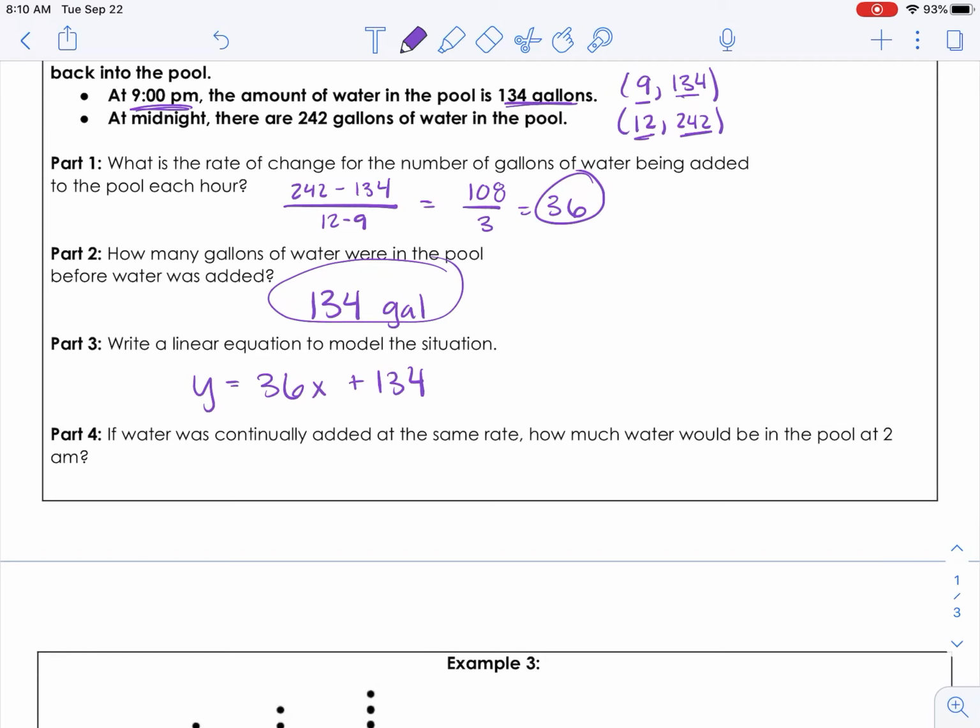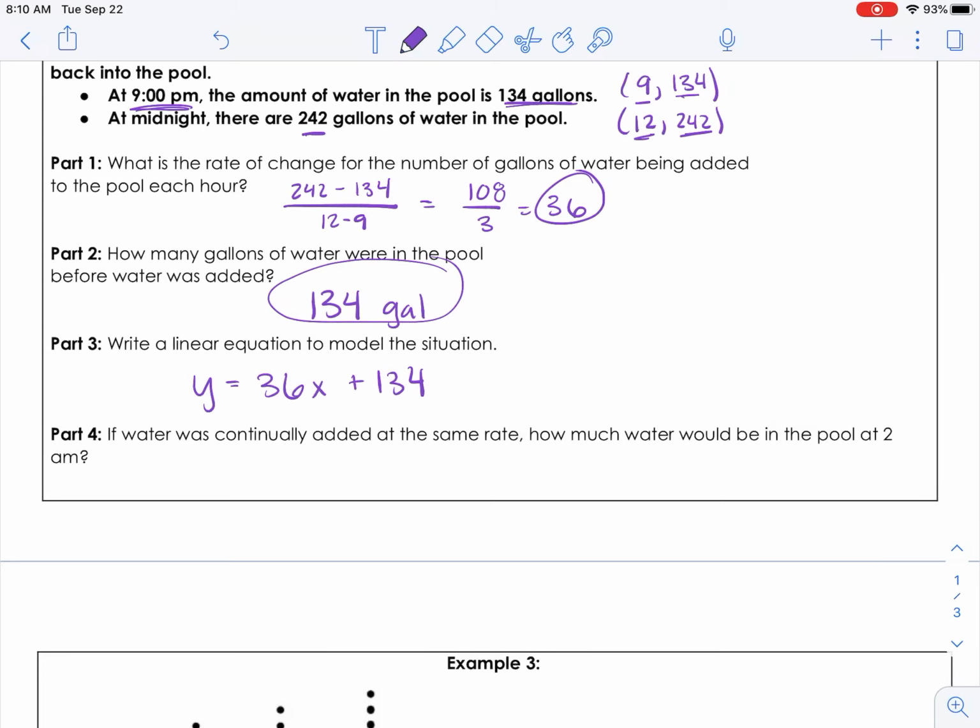Then it says if water was continually added at the same rate, how much water would be in the pool at 2 a.m.? So there's a couple ways to do this. You could plug in, so if our first value was 9 o'clock, 2 o'clock comes 5 hours after that, so we could plug in a 5 for x. Or we could also count up from 242. So 2 a.m. is 2 hours after midnight, and our rate of change is 36.